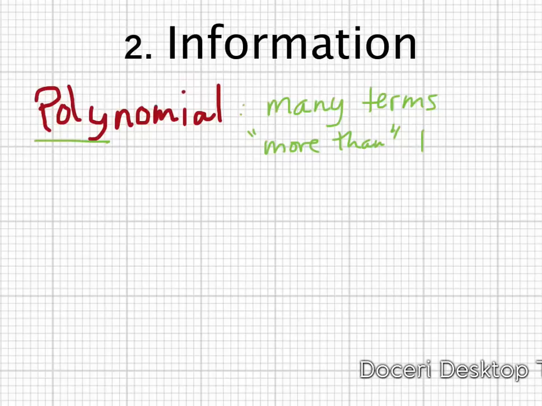So an example of this would be 4x squared plus 3xy plus 7y squared plus 14x plus 12y plus 3 equal to 0.